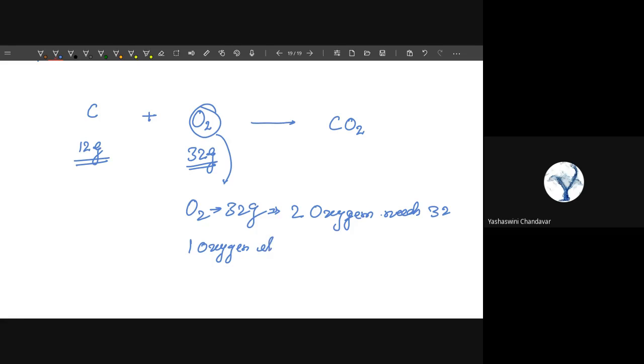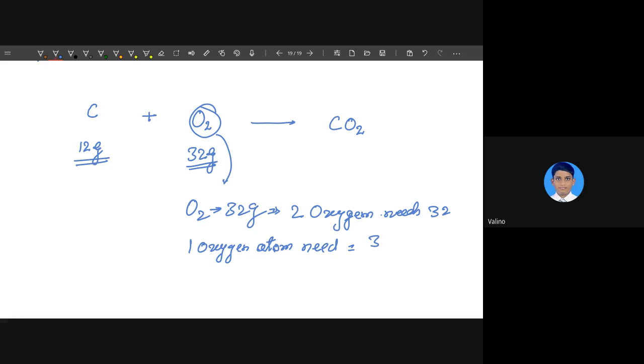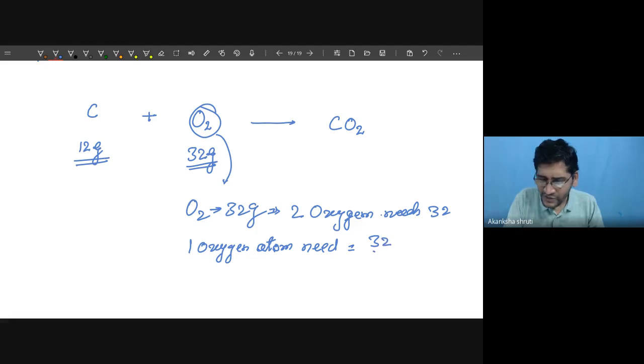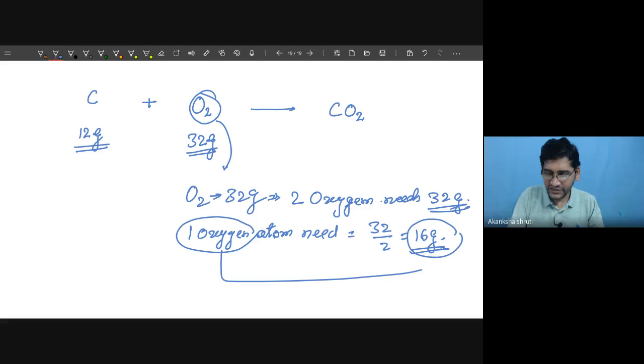Two oxygen atoms need 32 gram, then 1 oxygen atom will need how much, student? 16. So 32 by 2, yes, it is 16 gram. Okay. So this way, the mass of the oxygen atom was stated.